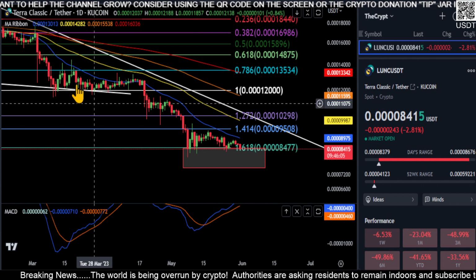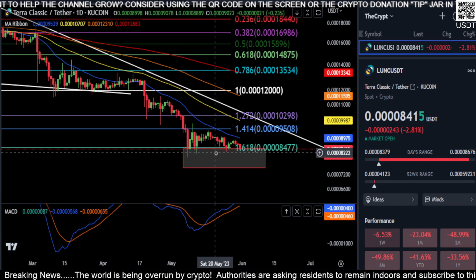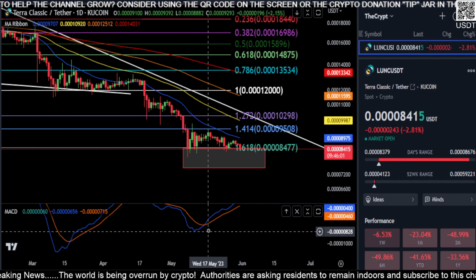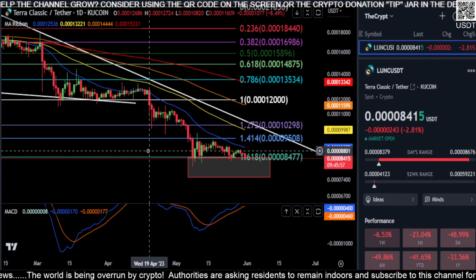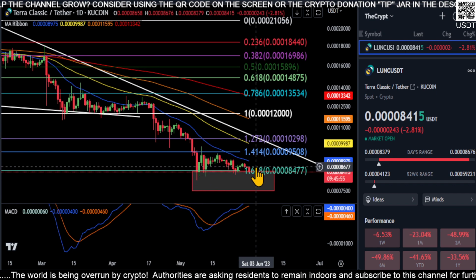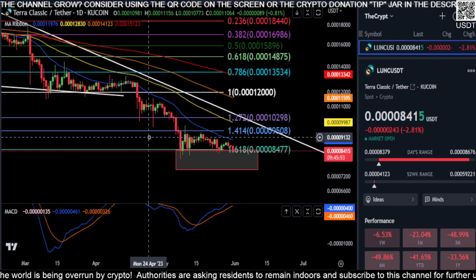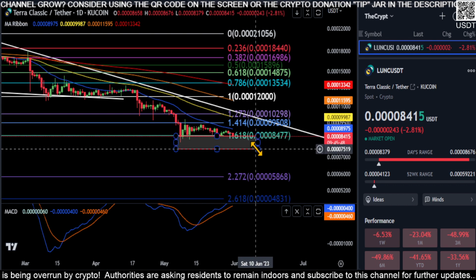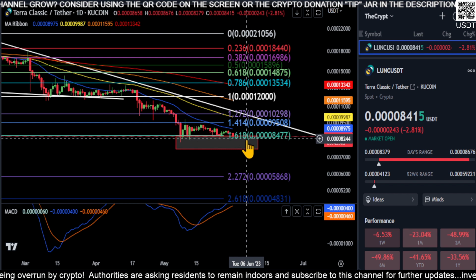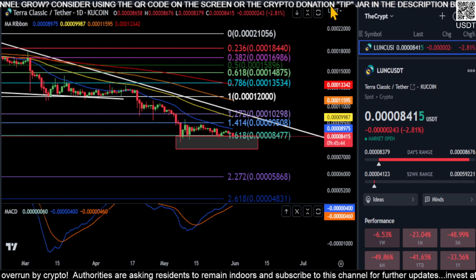So we have bullish divergence on the bigger scale here, and then we have bullish divergence for the month here. So it looks like the bottom may actually be in for Luna Classic and we're about to get a bounce to the upside. So as long as you hold the box here, as long as we stay above 7.5, I would say that it has a high possibility of playing out.